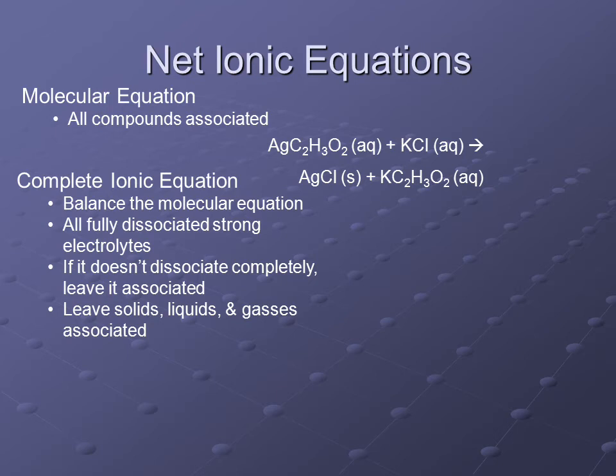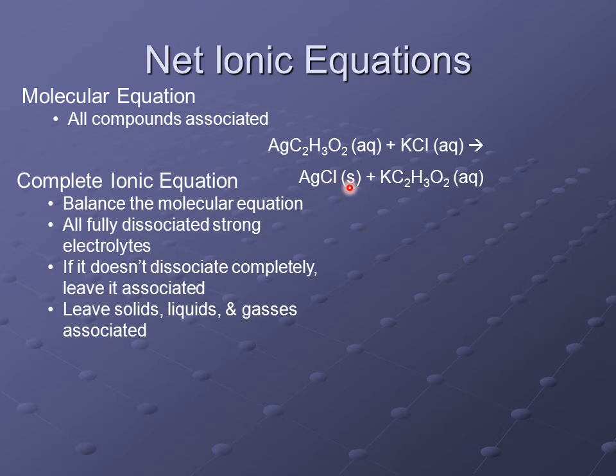So, looking at what we got here, silver acetate. Acetate ions are always soluble, so this is a soluble ionic compound, and soluble ionic compounds dissociate. Potassium chloride. Potassium is a soluble ionic compound, and again, it will dissociate.